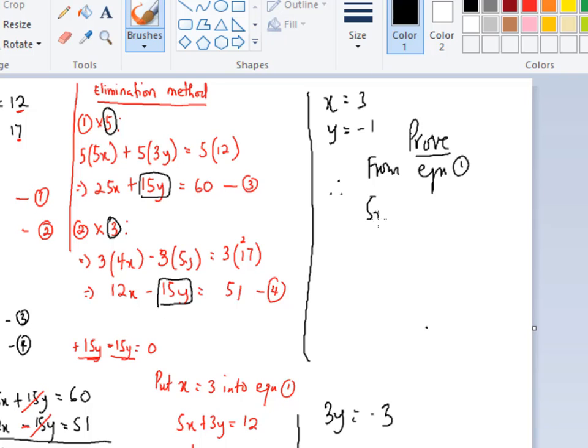We have 5x plus 3y equals 12, and we know that x is 3 and y is negative 1. This will give us 15, and 3 times negative 1 will give us minus 3. When we subtract, we get 12.